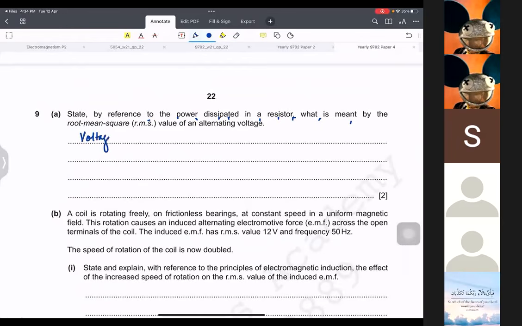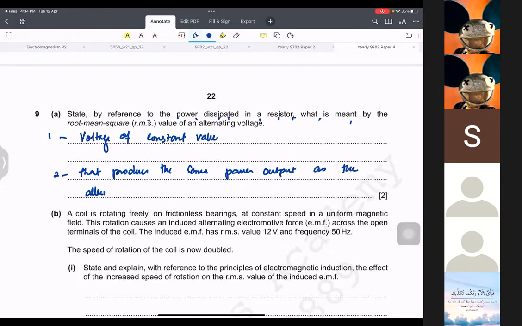Voltage of constant value, number 1, and number 2, that produces the same power output as the alternating voltage.